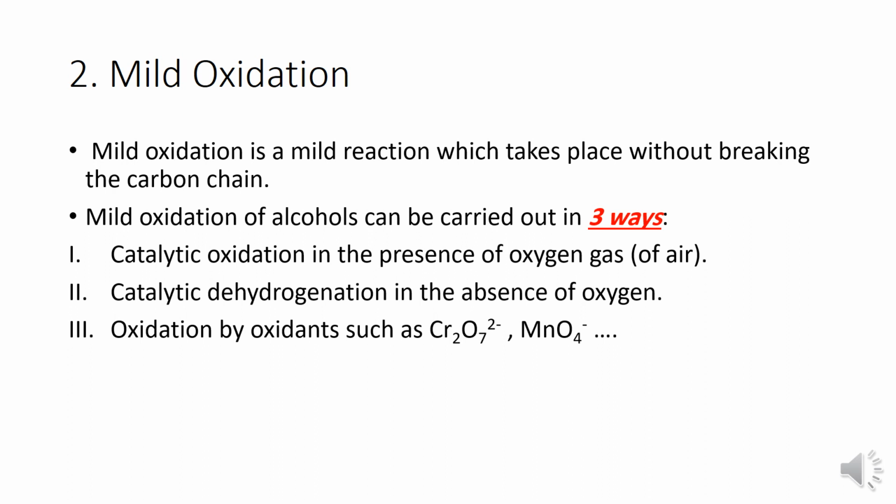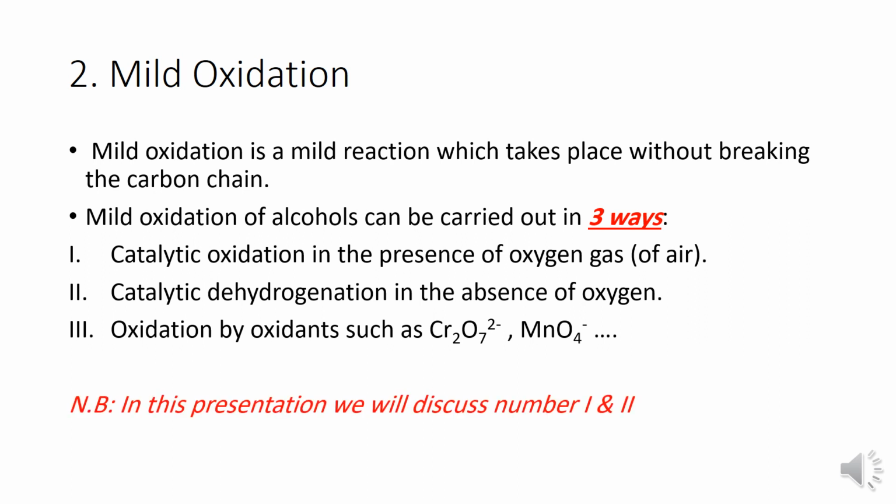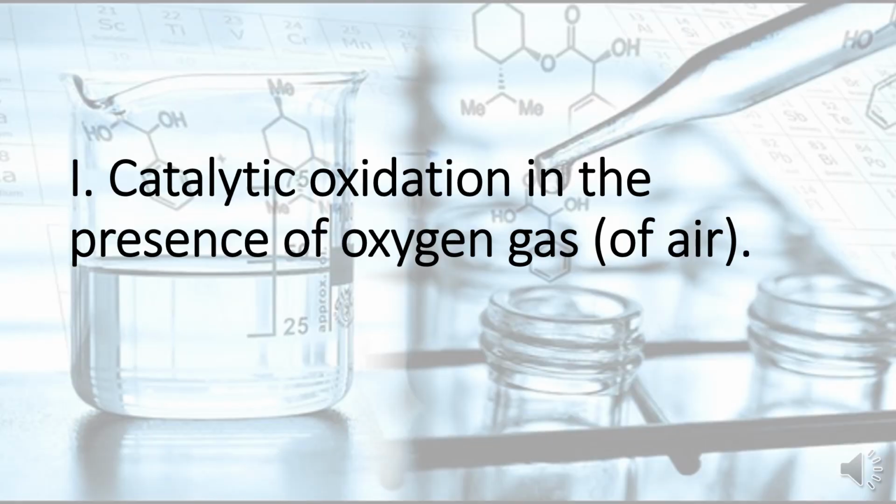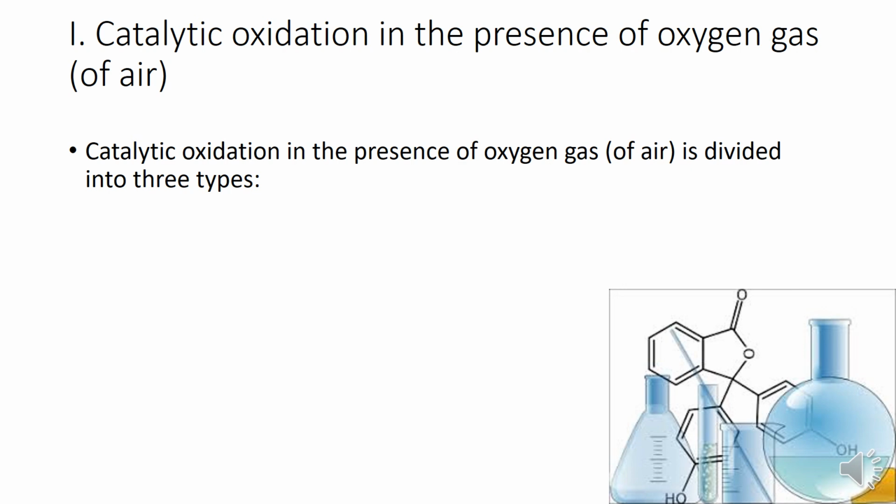The third one is oxidation by oxidants such as dichromate and permanganate. Note that in this presentation we will discuss number 1 and 2. Number 1 is catalytic oxidation in the presence of oxygen gas, which is in air.